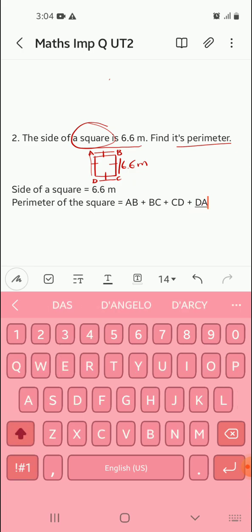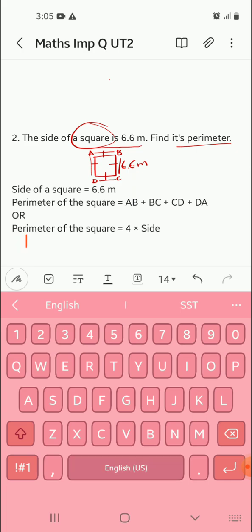That is 6.6 plus 6.6 plus 6.6 plus 6.6. There's another formula that we can use, or we can also do it in this manner: perimeter of the square is equal to 4 into side. Simple.